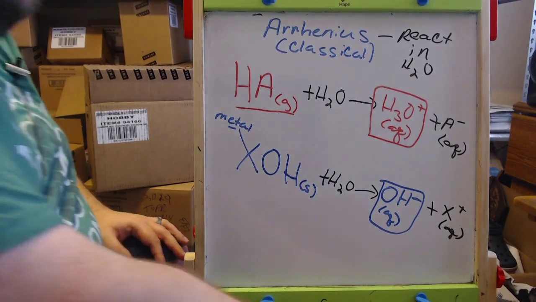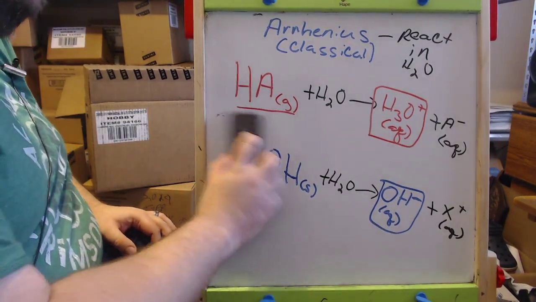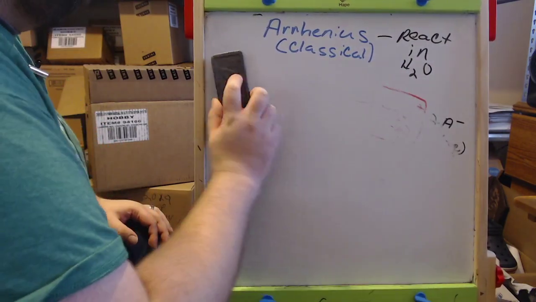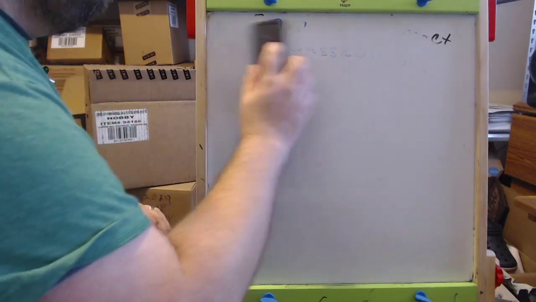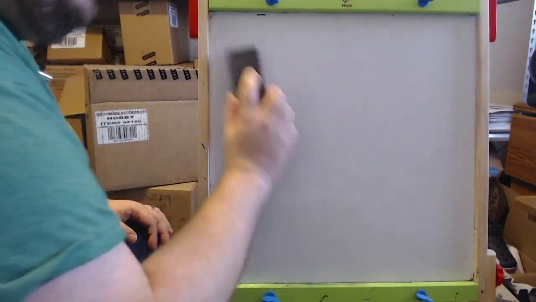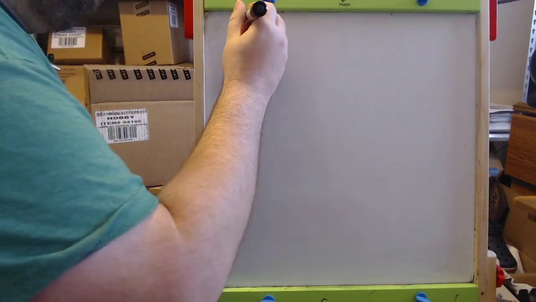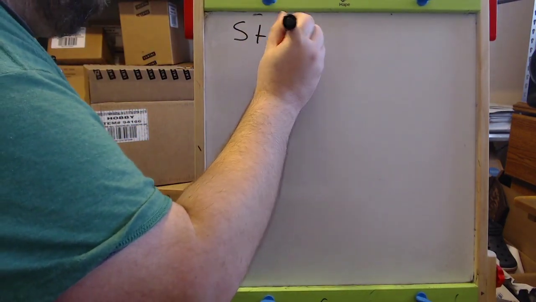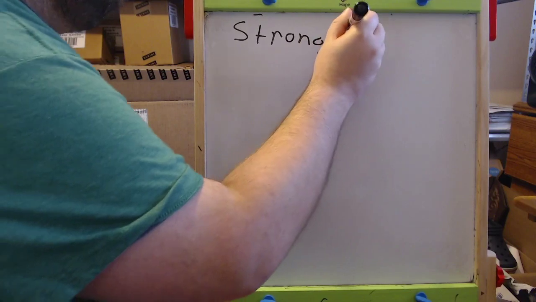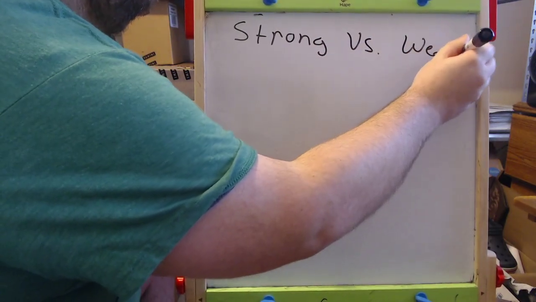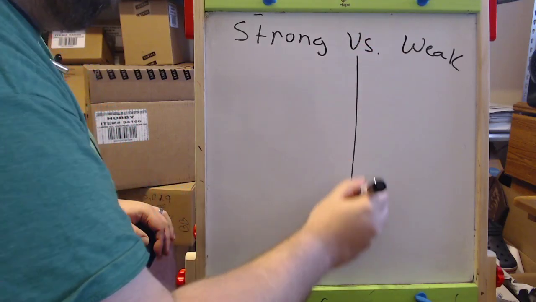Now, our next thing is we've got to classify our acids. There are 2 types of acids: strong acids and weak acids. There are a lot more weak acids than there are strong acids.